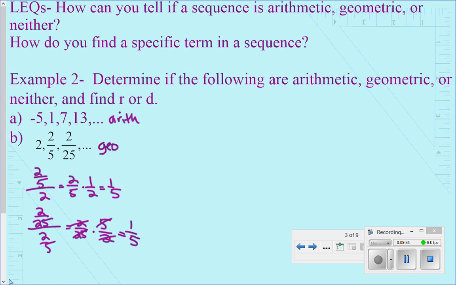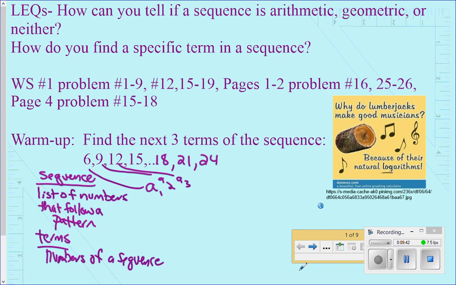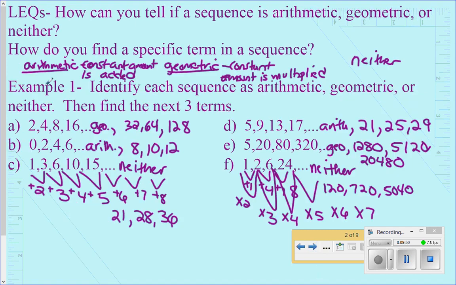Okay, now the next piece of the directions says find R or D. So we need to go back a couple slides here to talk about R and D. A moment ago, I told you that we have either arithmetic, geometric, or neither sequences. Well, if it's arithmetic, remember what I said, we have a constant amount being added.